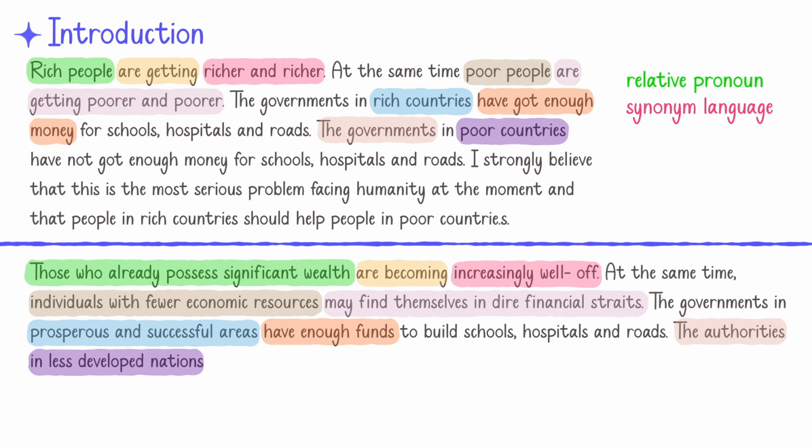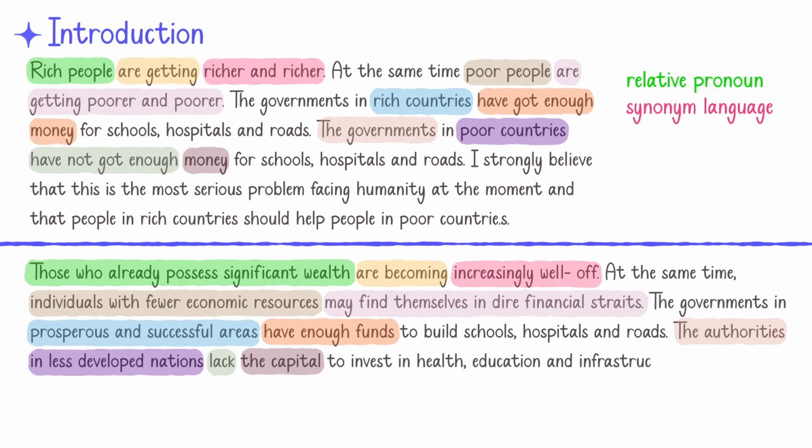Now we can write the authorities in less developed nations lack, instead of have not got, lack the capital. Instead of money, we can write capital to invest in health, education, and infrastructure. So instead of schools, hospitals, and roads, we can write other places or other institutions. For example, health, education, and infrastructure.